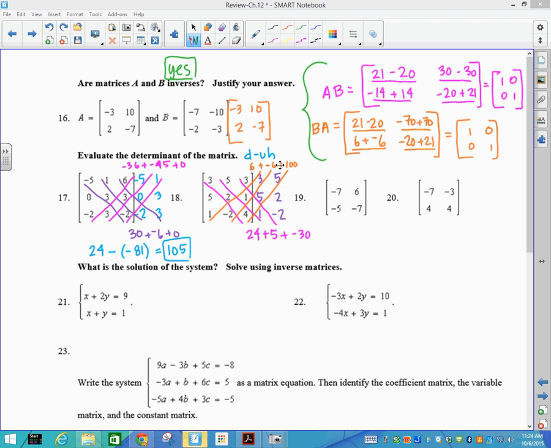So that gives my downhill products 24 plus 5 is 29 minus 30 is -1. The 6's cancel, minus my uphill products of 100 gives me an answer of -101.